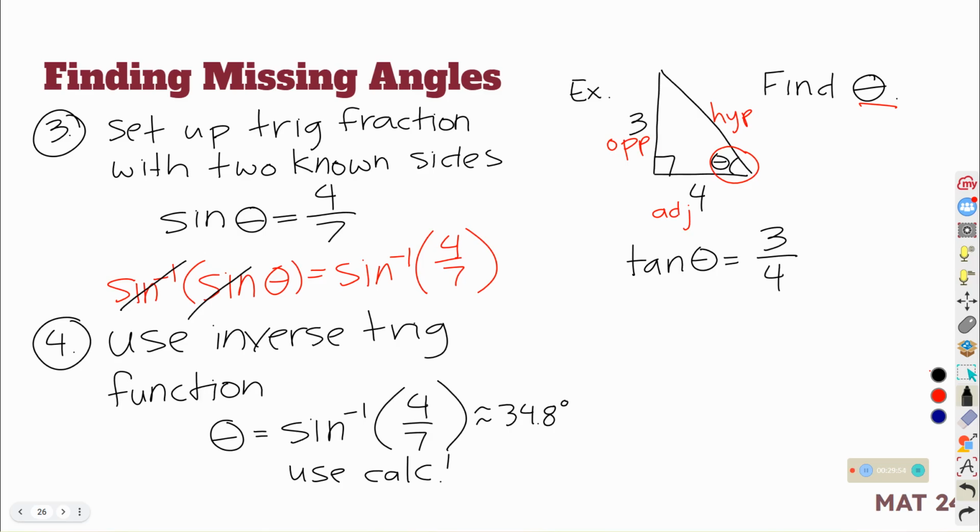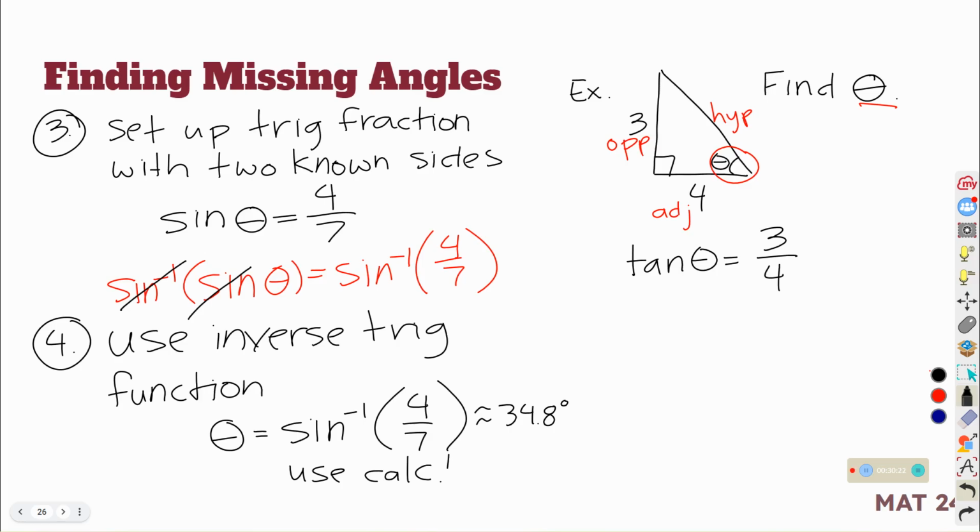Very good. And then we'll see who's paying attention. Christian, how do I undo tangent? What should I do? Cotangent. Cotangent's the reciprocal. That would undo the fraction on this side. I'm focused on the left side. How do I undo tangent? Here, I saw you shaking your head no. Inverse tan.